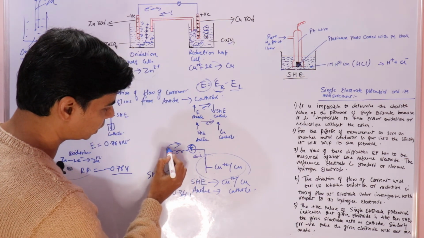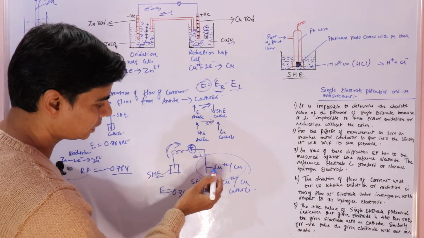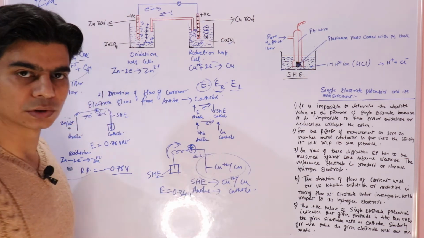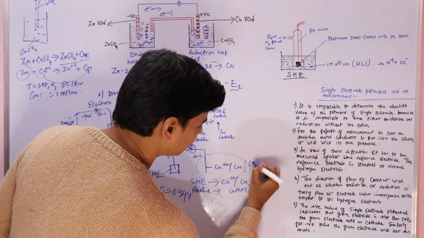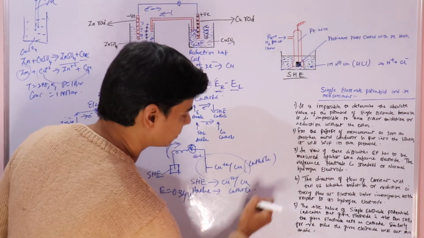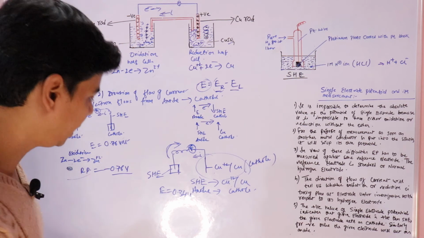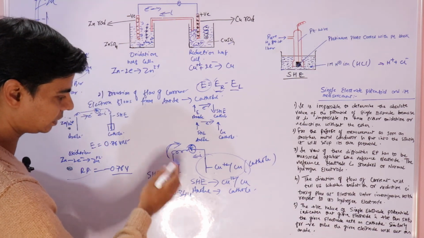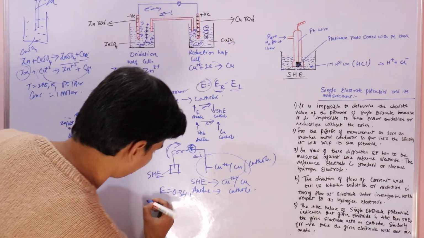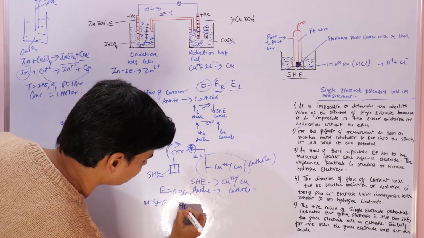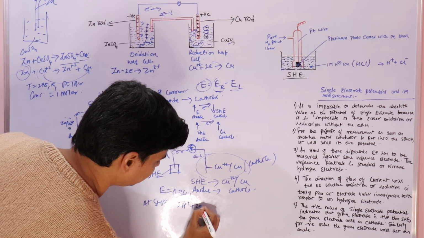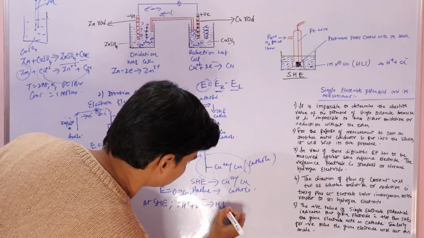Electrons are moving towards copper, and copper is gaining electrons, so copper here is acting as cathode due to gain of electrons, and these electrons are lost by the standard hydrogen electrode. So at SHE, this reaction would take place. It will lose 2 electrons and form hydrogen ions.